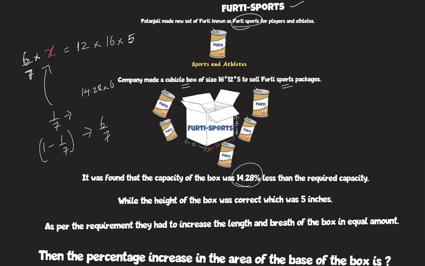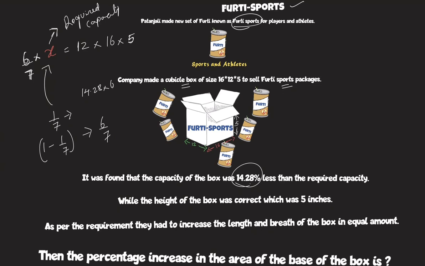So 6 by 7 of X, where X is the required capacity, because the capacity got reduced by 14.28% and I got this. So 6 by 7 of the required capacity is the capacity that is being formed right now.